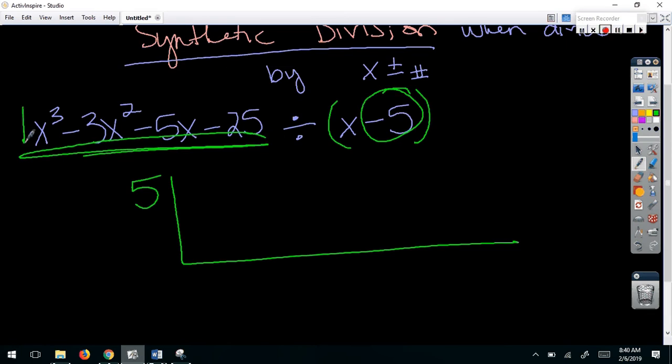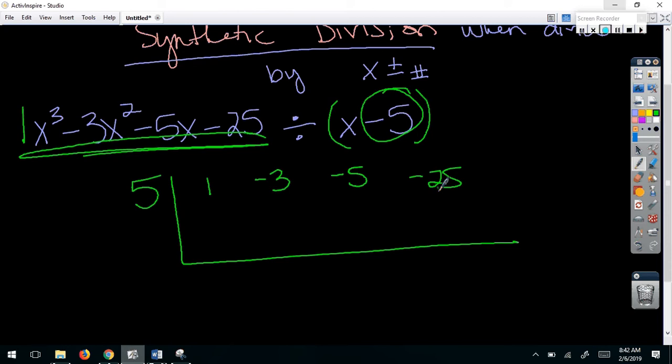Remember there's a 1 if there's not one there. So 1, then negative 3, then negative 5, and all the coefficients of what you're dividing. The number goes on the outside with the opposite sign.